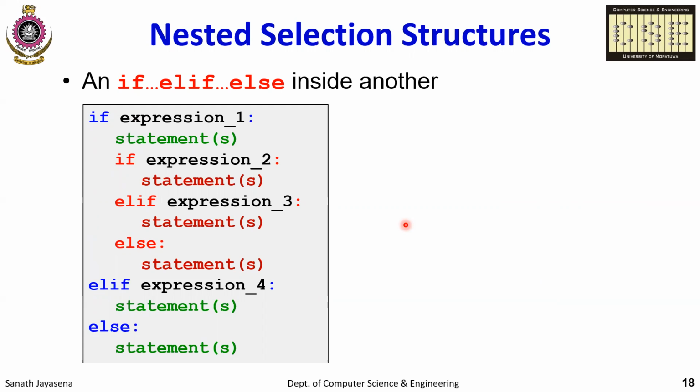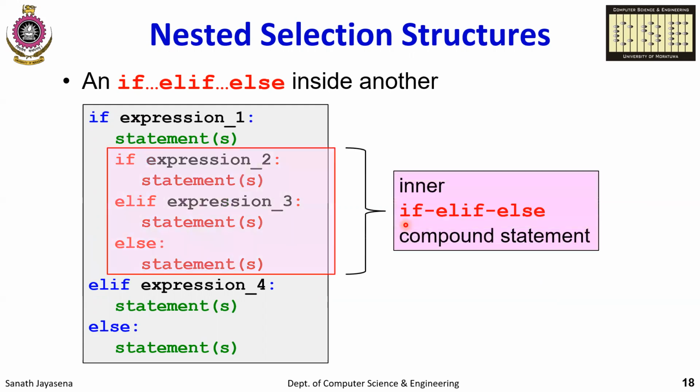So in other words, we can identify that block. Say that is the inner if, elif, else compound statement. The outer thing is the other one, right? One inside the other. And even further, if this is one of the statements in the inner one, it can again be yet another inner if. One more level of nesting can be done, not just one more.